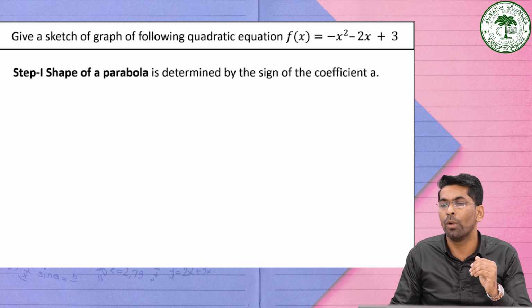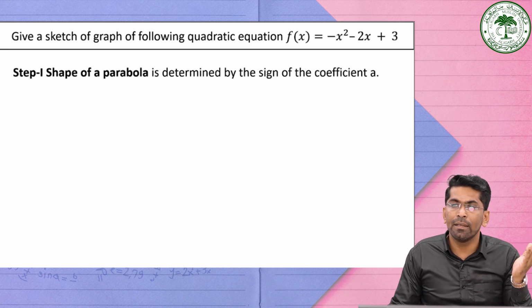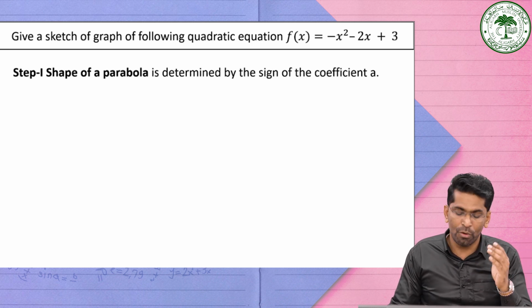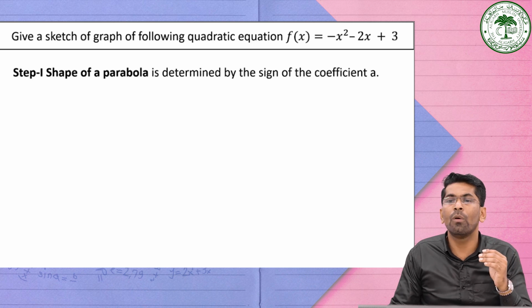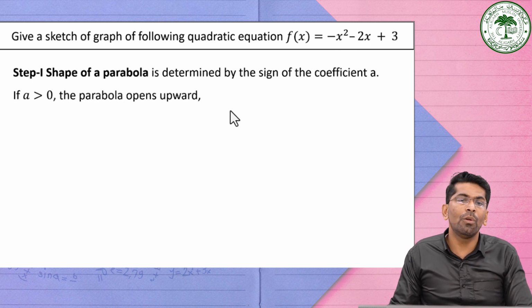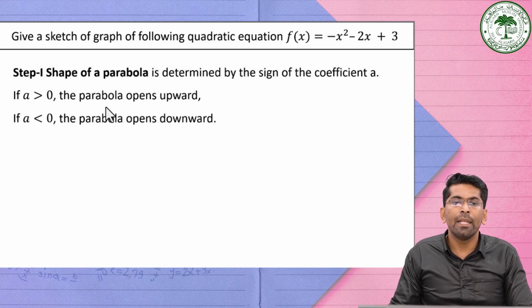So the first step is to decide the shape of the parabola, whether it is concave up or concave down. As we discussed earlier, the direction of the parabola, whether upward or downward, is entirely determined by the sign of the coefficient of x square, that is a. If a is greater than 0, the parabola opens upward, and if a is less than 0, the parabola opens downward.